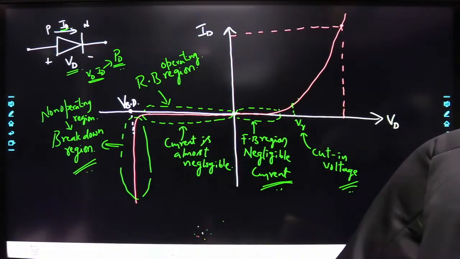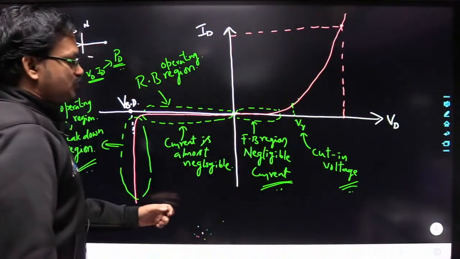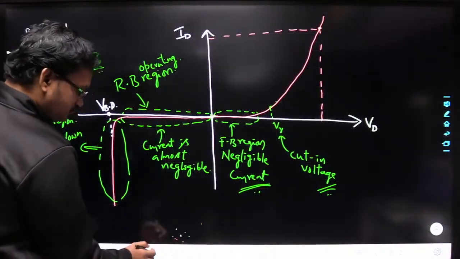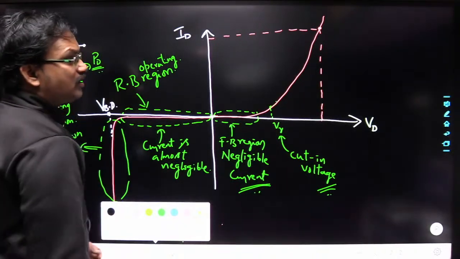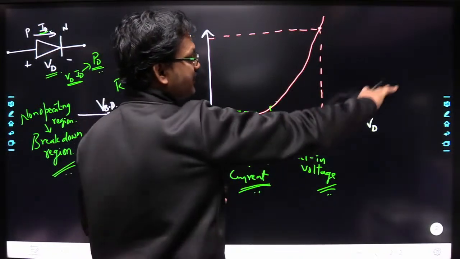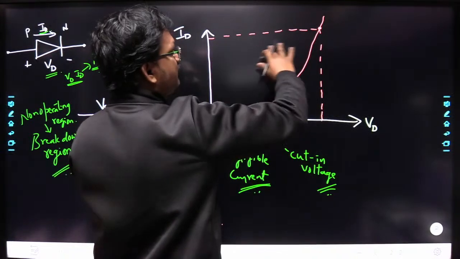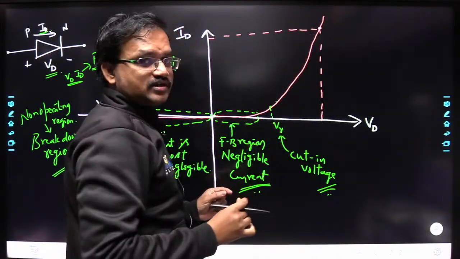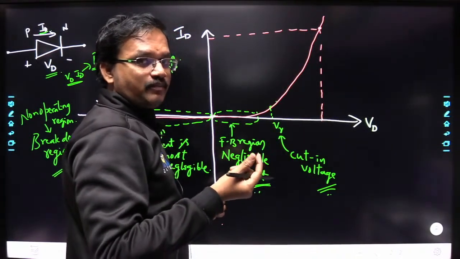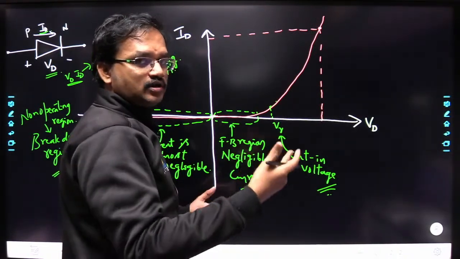Yes or no here? Okay. Now see here. In forward bias also, you should not go on increasing VD. If you go on increasing VD, ID will also go on increasing. But as I said, for any device there is a power handling limit. You cannot go beyond that power limit here.